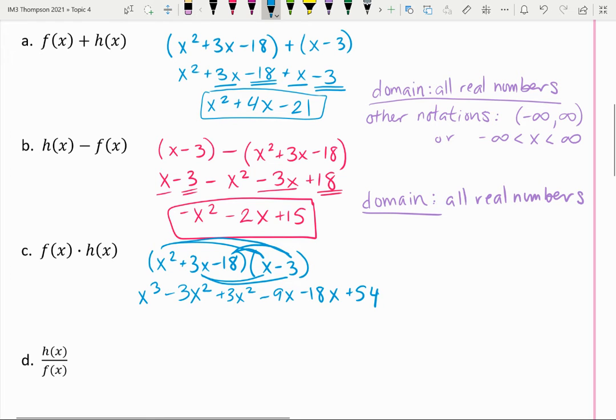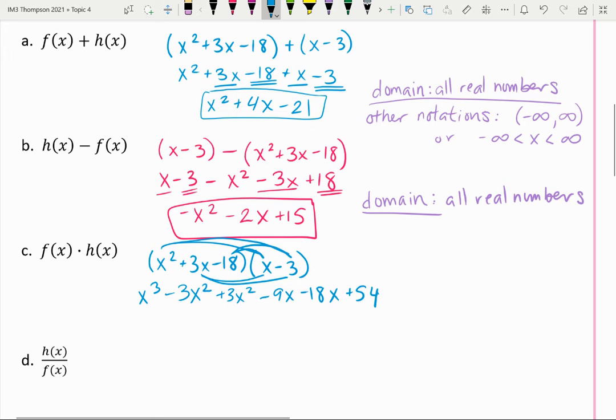And then we just look for like terms. Works the same exact way if you prefer the box.